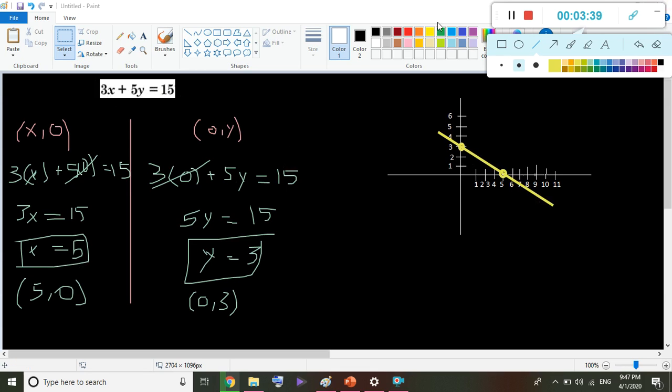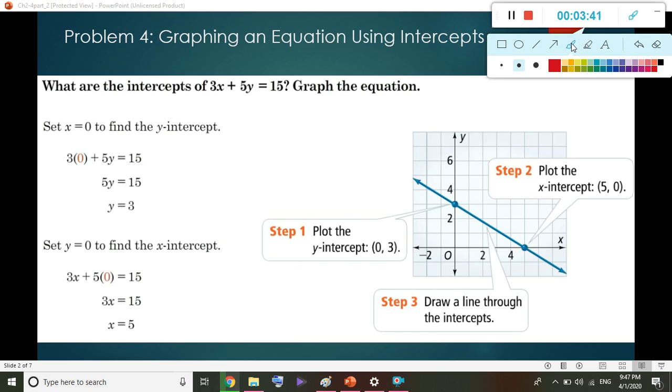Let's check our answers. So again here, to find the y-intercept, they substituted x by 0. Then they found y equals 3. It means the y-intercept is (0, 3). And then they substituted 0 to find the x-intercept.